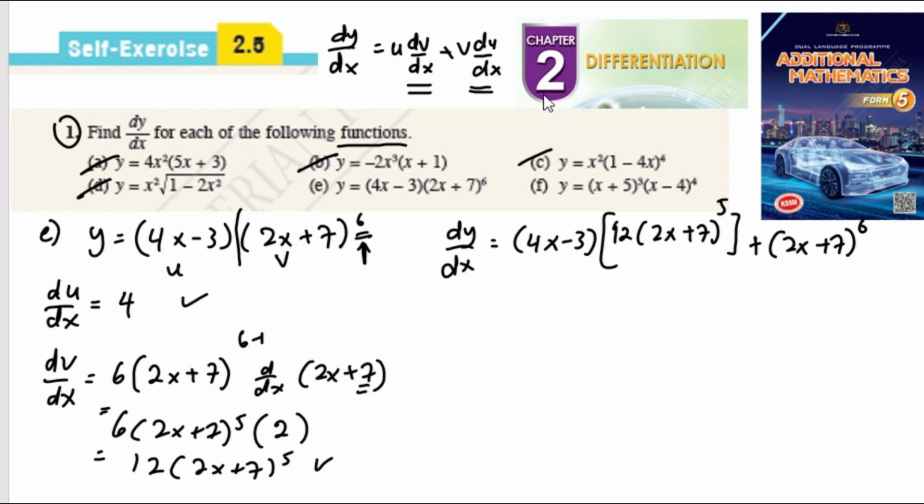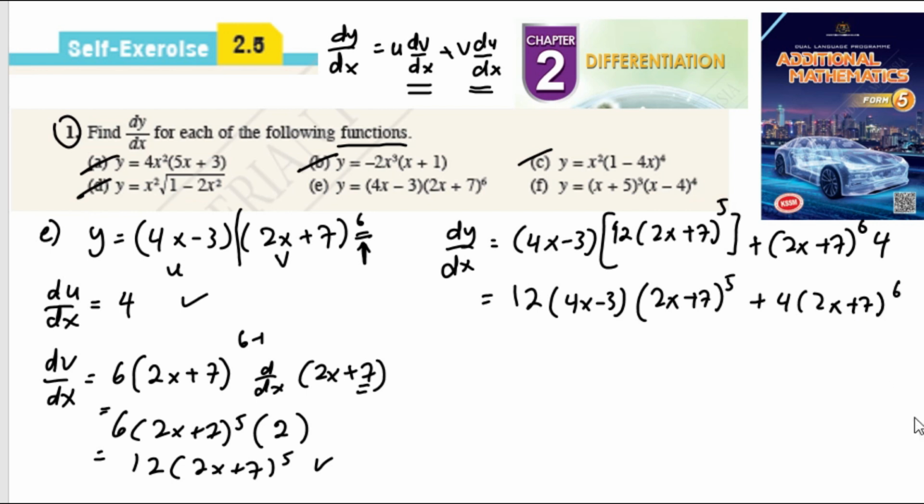And then times du over dx, which is 4. So you see here, you can take out 12 outside: 12 times 4x minus 3 times 2x plus 7 to the power of 5, plus 4 times 2x plus 7 to the power of 6. You see this is the same base; the difference is this one is power of 5, this one is power of 6. So we can factorize by taking 2x plus 7 to the power of 5 out.